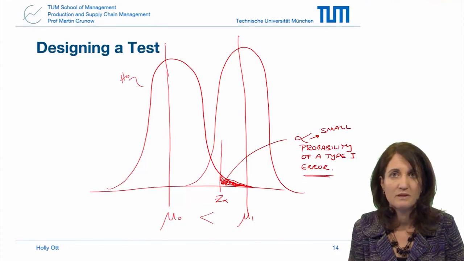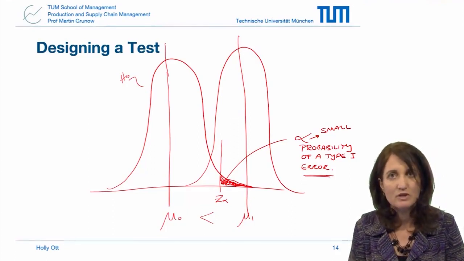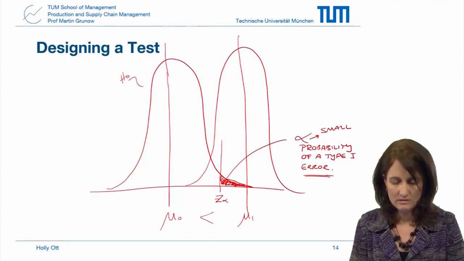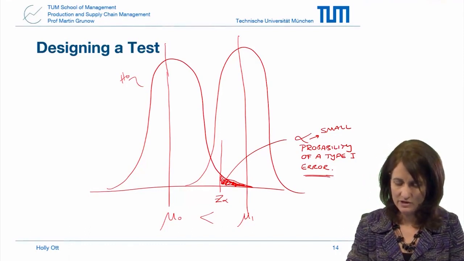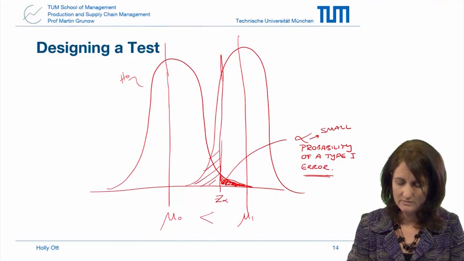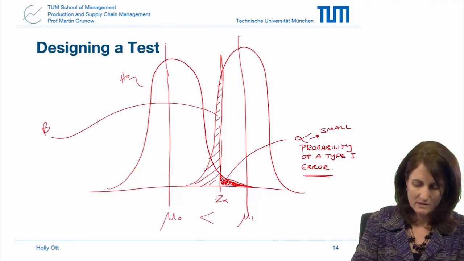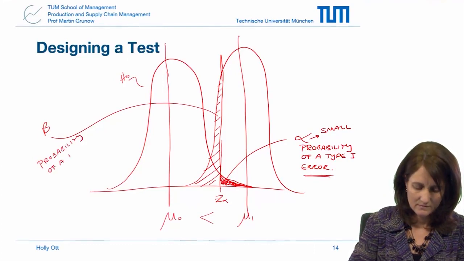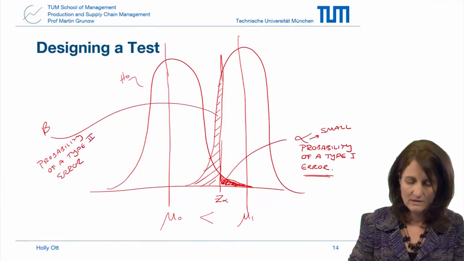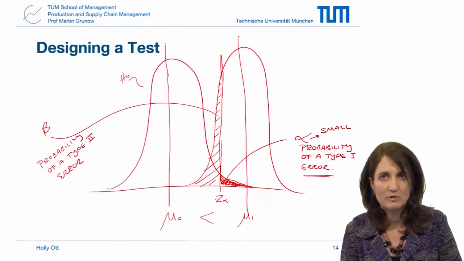Now, if you look, the probability of a type 2 error, my picture here is going to be here. This is beta, and here the probability of the type 2 error.